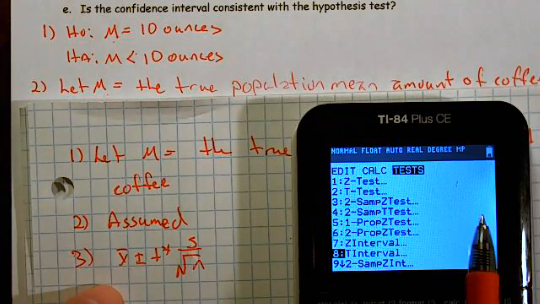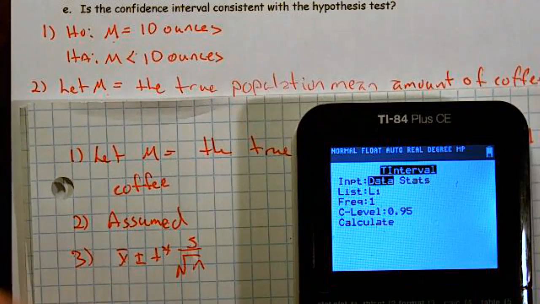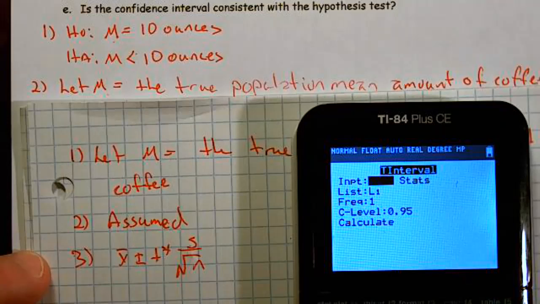So I'm going to scroll down until I get to t interval, which is number 8. I have data. My list was in L1, so second one. And I want a 95% confidence level, 0.95. Frequency should be 1, confidence level 0.95.